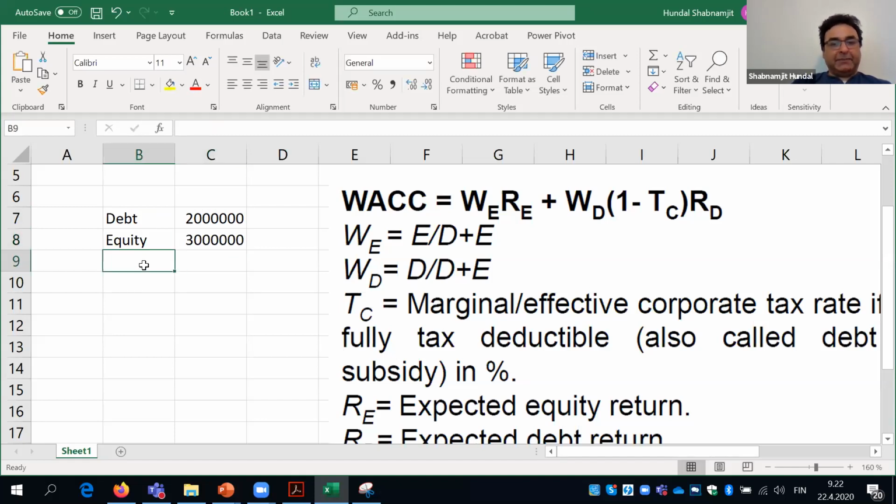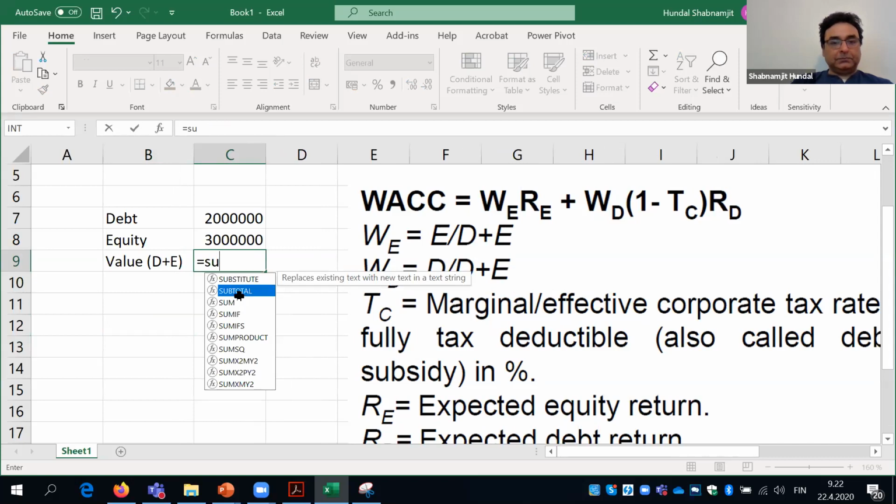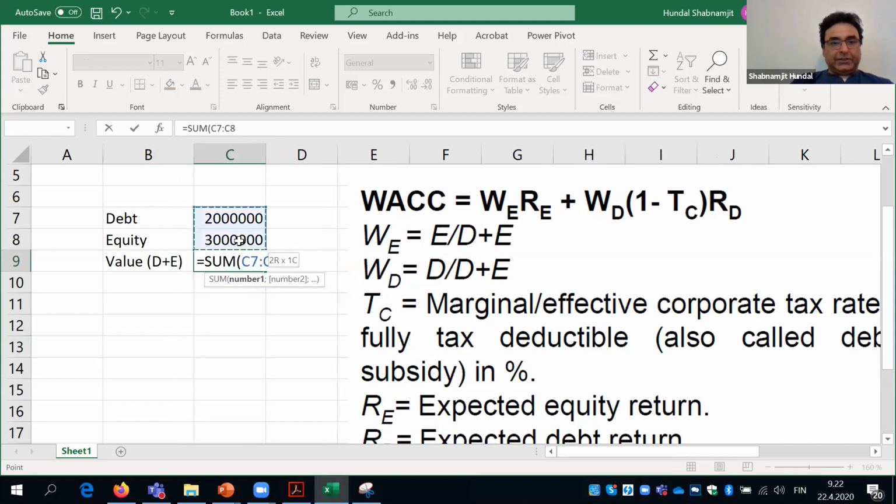Therefore, you can see here D plus E. You can call it D plus E, or I can call it the value of the firm, which is D plus E. This is the sum of both, the sum of debt and equity.